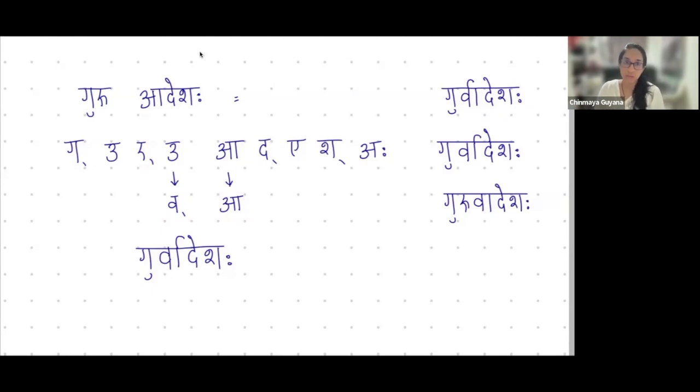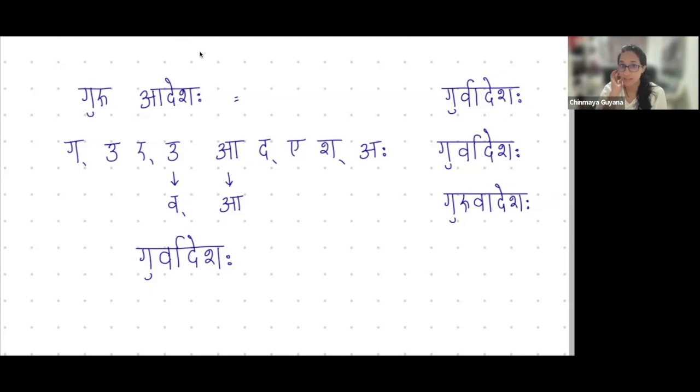This is the only tricky thing actually about these sandhis: the way we write it when we change the sound will make it a little more complex if we're not familiar with how to join the sounds together. So it requires a little bit of mind training to put the sounds together if it's not something you're used to.